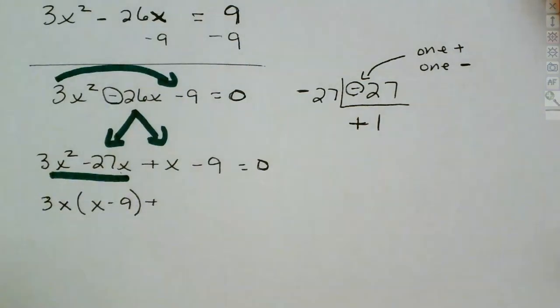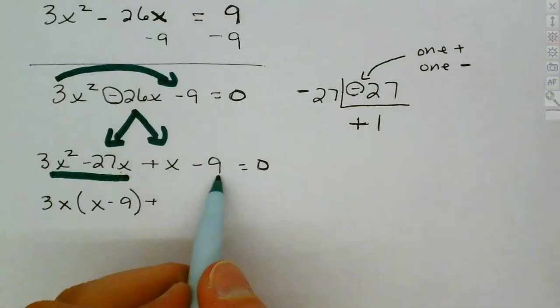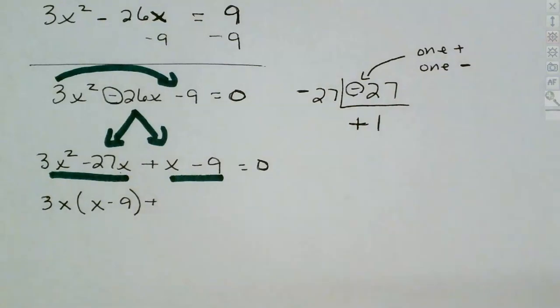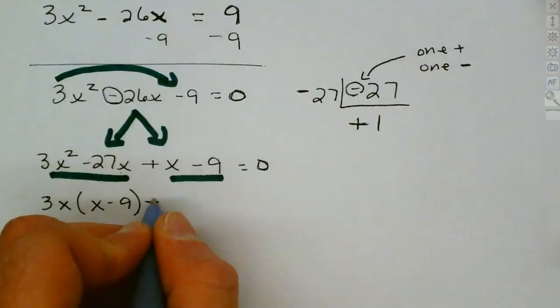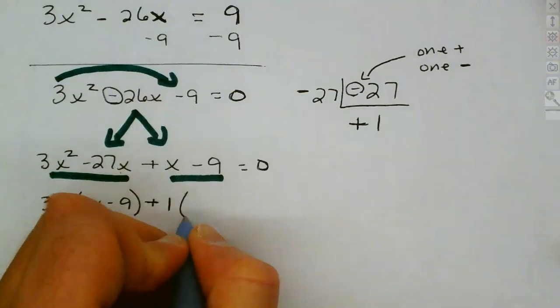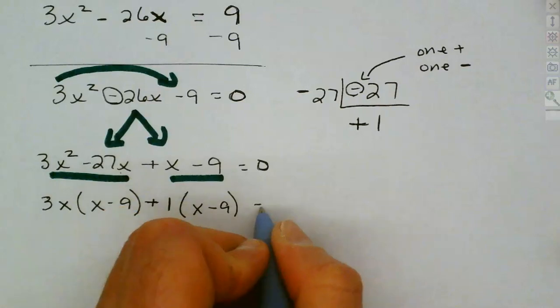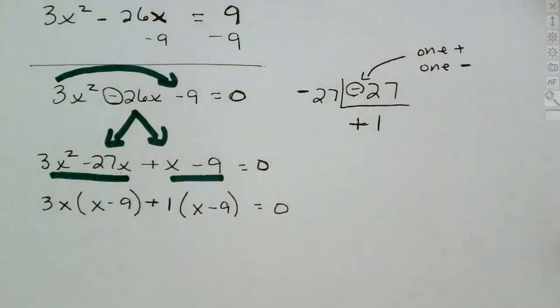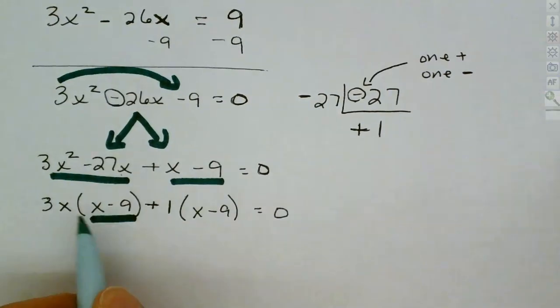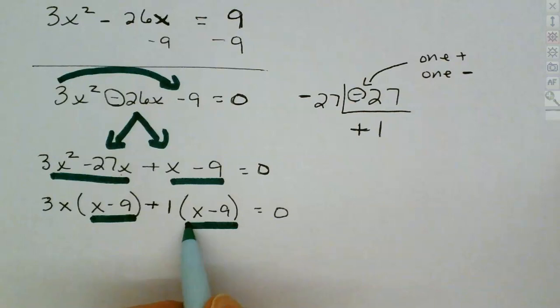Now, what about the next two pieces? In some cases, nothing comes out. If nothing comes out, then we're going to factor out a 1, and that leaves you with an x minus 9. How do we know that we're on the right track? If we are on the right track, these parentheses should be the same.